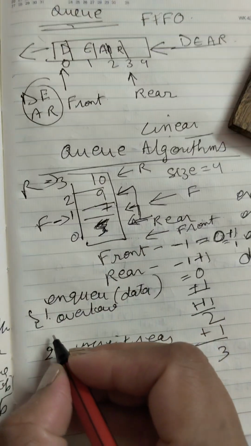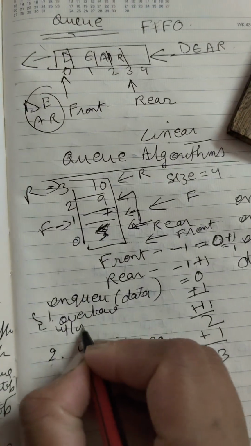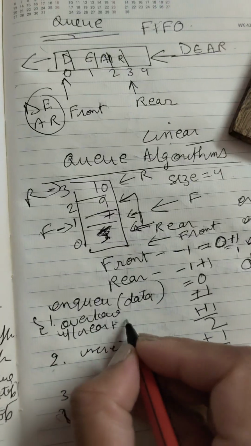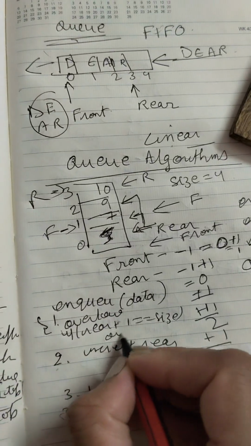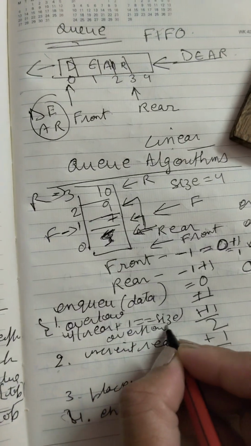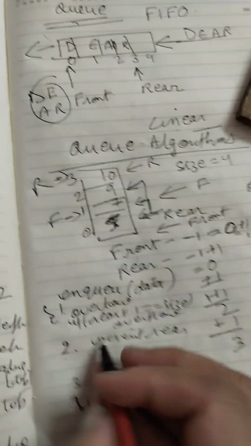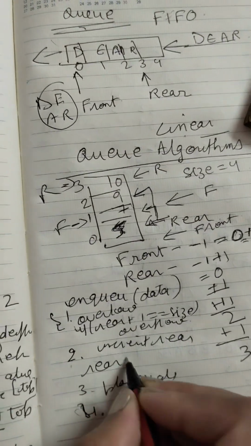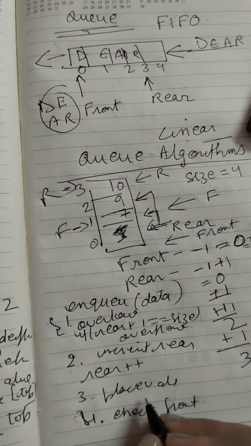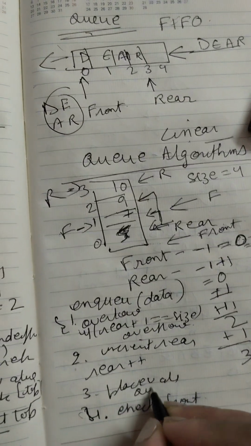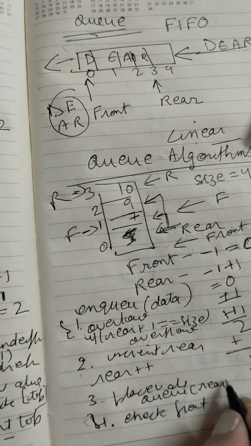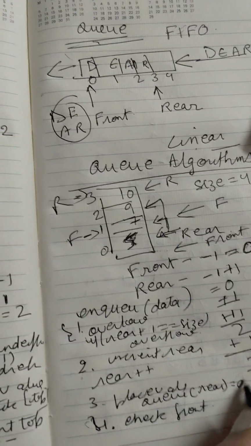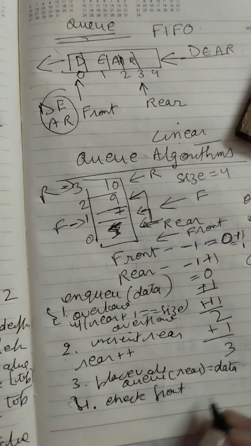So for overflow, what is the condition? If rear plus 1 is equal to the size of the queue, it is an overflow. So we will print this message and return. Otherwise we will do rear plus plus, and then place the value. The queue is an array, so queue with the subscript of rear is equal to the data the user has passed.